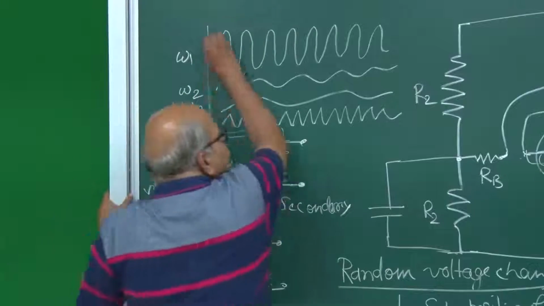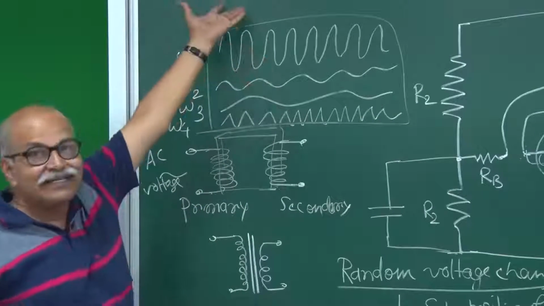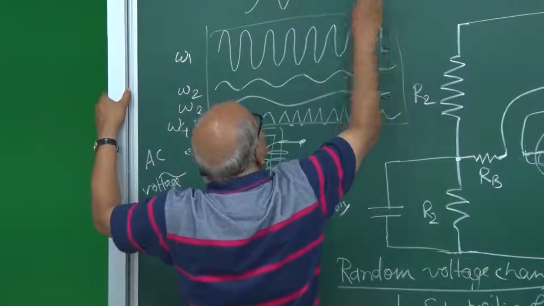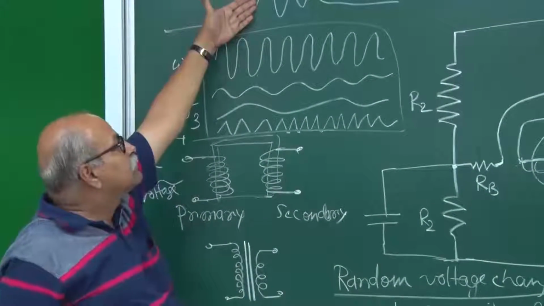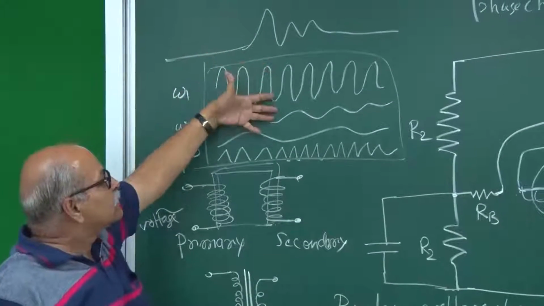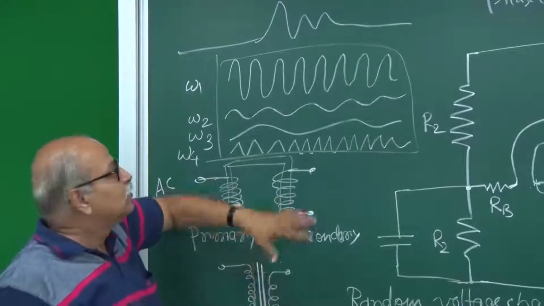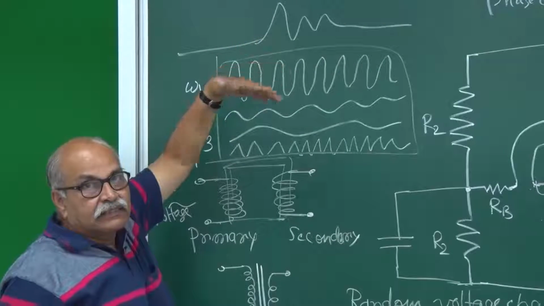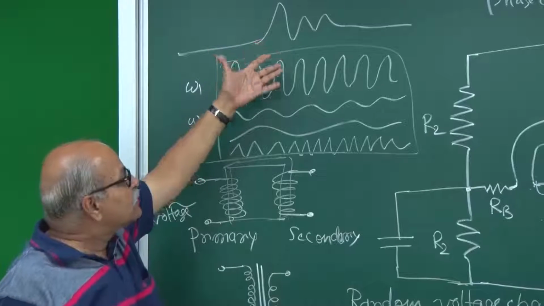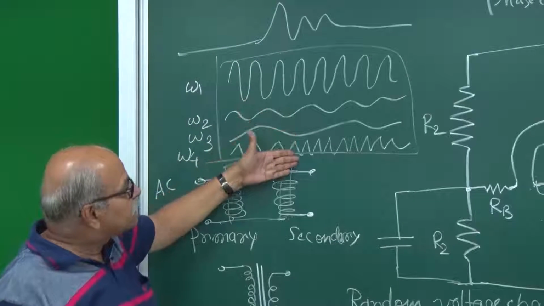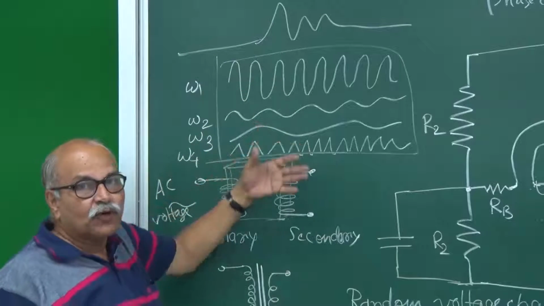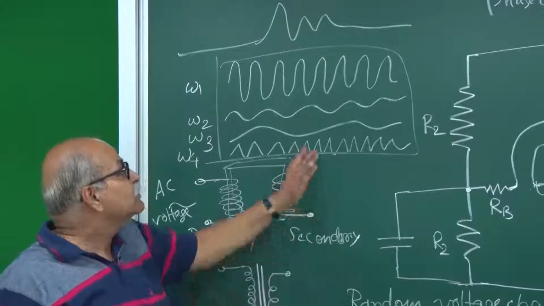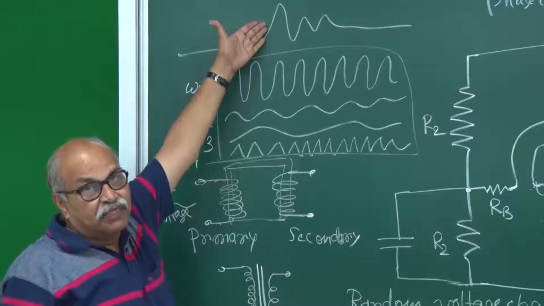If you add all these things, you can produce varieties of waveforms. Like for example, you can produce this kind of thing. This can be taken as this plus this plus this plus this. So any kind of shape can be decomposed into a summation of sine waves with different frequencies and different amplitudes. What frequencies are chosen and what are the corresponding amplitudes will decide what kind of final shape appears.